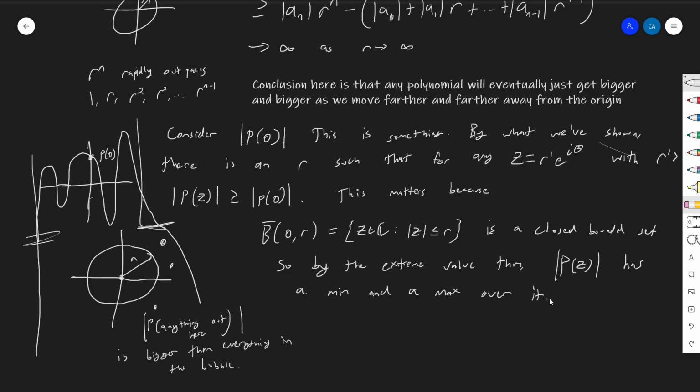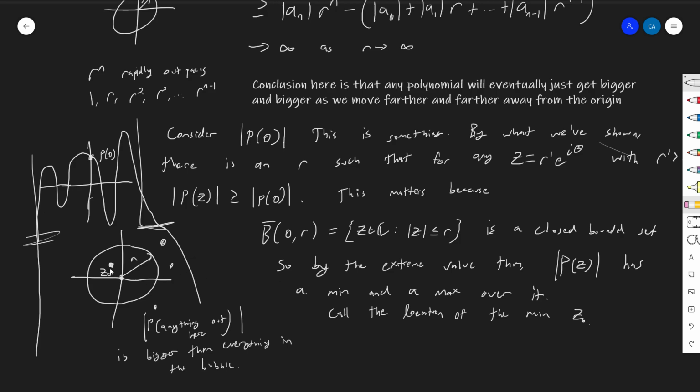But then, based on all we've said, we now know that that minimum that's inside of this bubble, maybe it's right here. Call the location of the min, that is the input that I plug in to get the min, z0. So then if I plug that in, I'm going to get the smallest thing I can get.